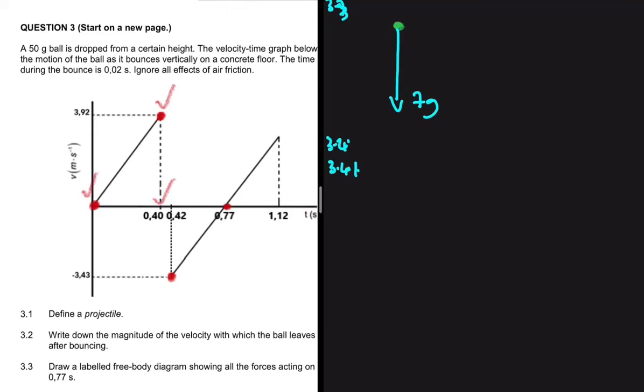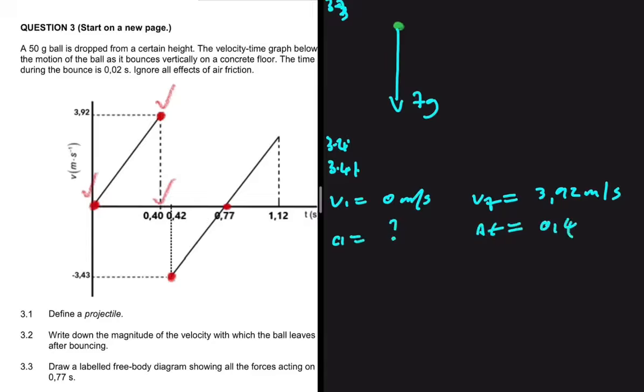So if we use equations of motion, our VI is equal to 0 meters per second because our ball was dropped, and VF is equal to 3.92 meters per second, the velocity at which we strike the ground. Then the acceleration is what we're interested in, and the time for that motion is 0.4.